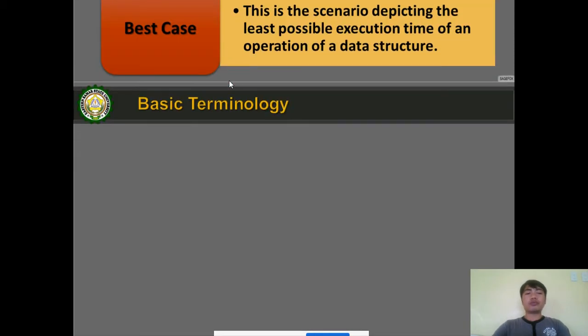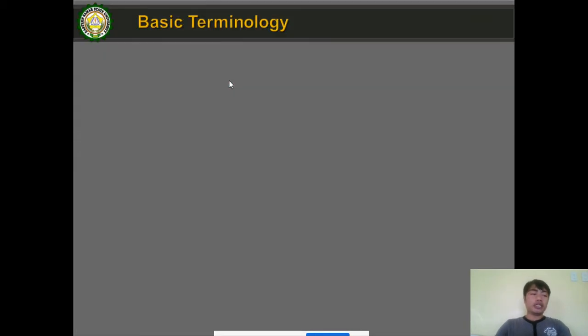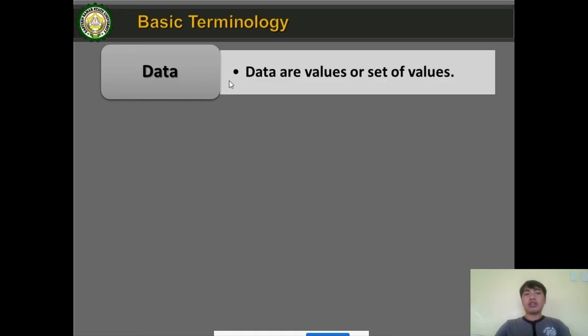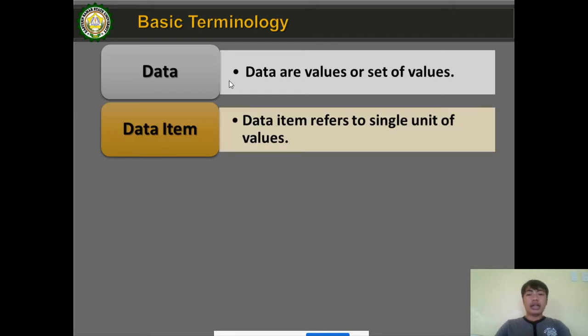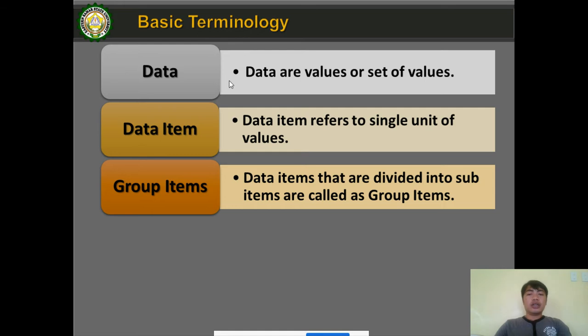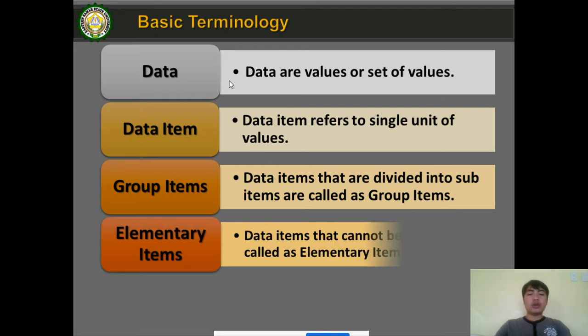Now, let's move to basic terminologies. First is, let's define data. Data are what we call your values or set of values. Data item naman refers to a single unit of value. Okay? Group items, they are divided into sub-items. Then elementary items, those are data that cannot be divided.